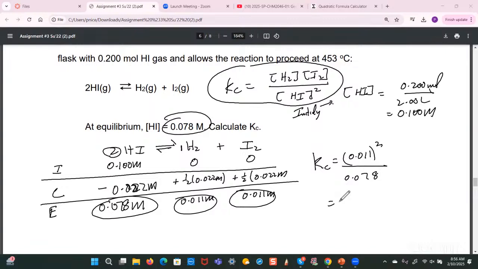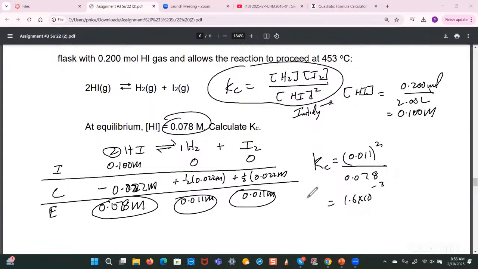According to my calculations, rounded off to 2 sig figs, I got 1.6 times 10 to the minus 3.